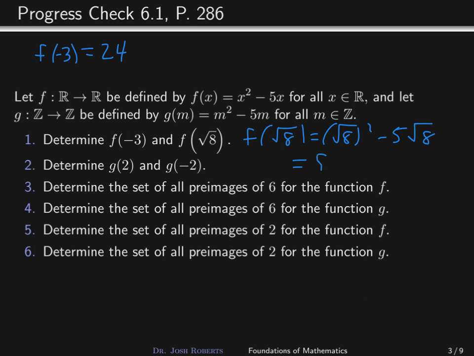So we're going to get 8 minus 5 square roots of 8. I know that we could simplify this, but I'm not going to bother. So f of root 8 is 8 minus 5 square roots of 8. Okay. Let's go on to the next one.